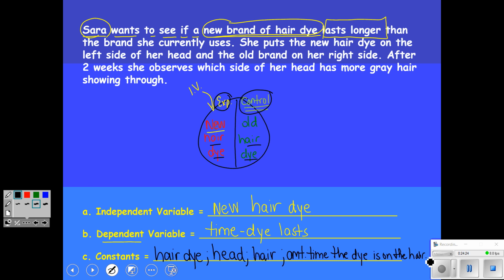Okay, so you can keep going and going with constants. The more that you have, the better your experiment is going to be. Now, keep in mind that this is the only part of the experimental design in which there's more than one. Everything else, there's just one thing as an answer. Okay?